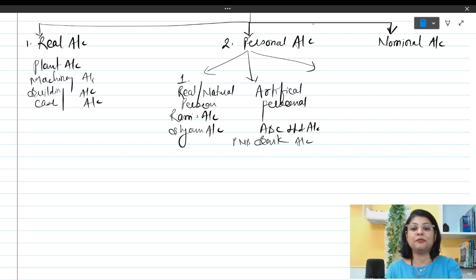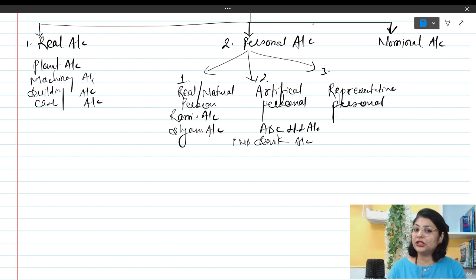Then the third type of personal account is known as representative personal account. Representative personal account means what? It is actually not a real person or a natural person, and neither is it an artificial person created by law. So what is it? It is actually representing a person, means the face is something else, but behind it there is a person.